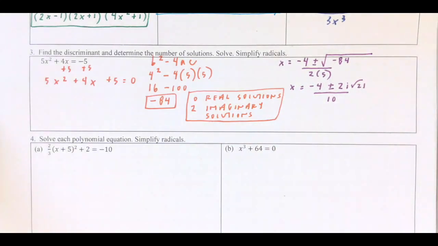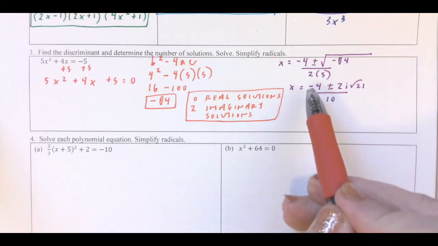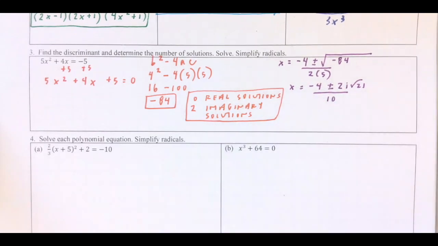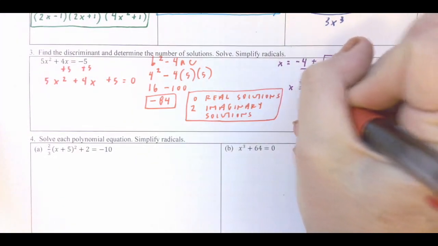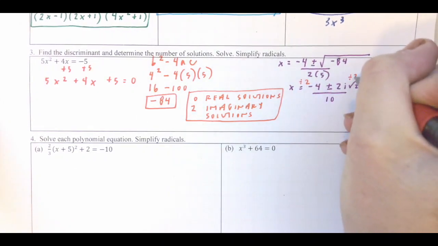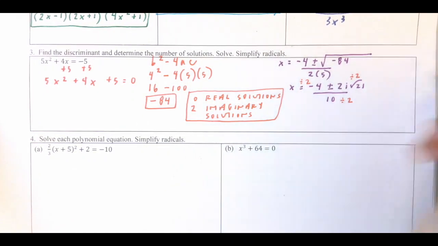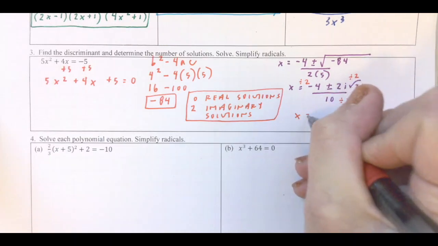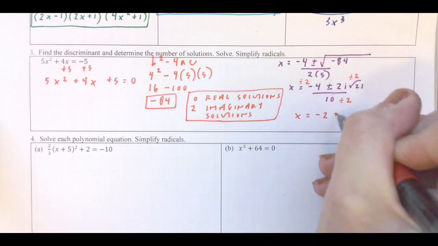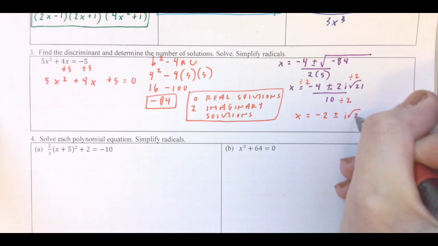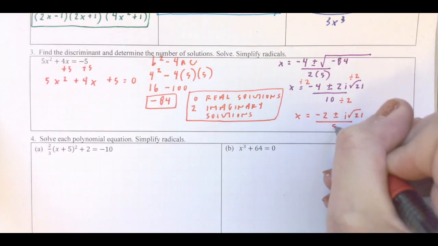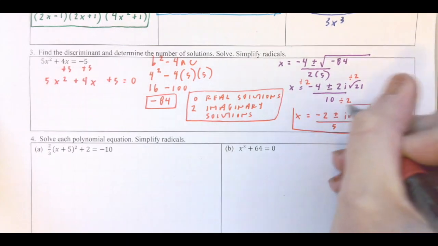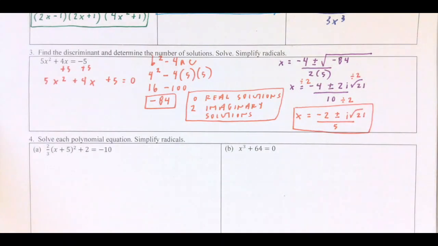And if I'm going to reduce this, I'm looking for a number that goes into each of these 3 parts. They are all divisible by 2. So my final answer would be that x equals negative 2 plus or minus i root 21 all over 5. Right, those are 2 imaginary solutions.